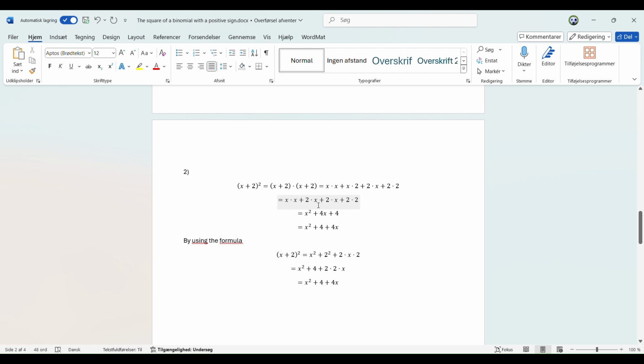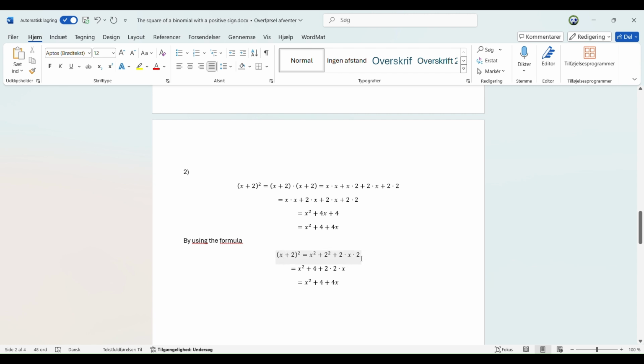How many times do we have this term here? We've got it 2 times, so we can say 2 times 2 times x. 2 times 2 is 4, and then an x. And then we've got in the end 2 times 2, that's 4. We rearrange the terms once again, so we get x squared plus 4x plus 4. If we had been using our formula, we could just have set the first term squared, that's x squared, plus the second term squared, that's 2 squared, plus 2 times x times 2.